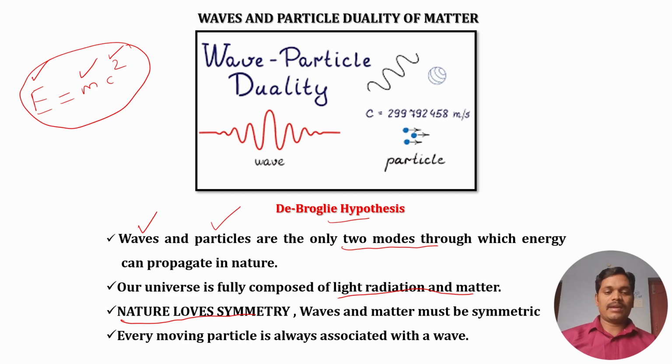That's why we could say nature loves symmetry. But still, waves and matter are not symmetric. As we all know, every moving particle has wave nature, and of course it acquires kinetic energy. If we have a clear idea about these concepts, then it is very easy to understand the important derivations.